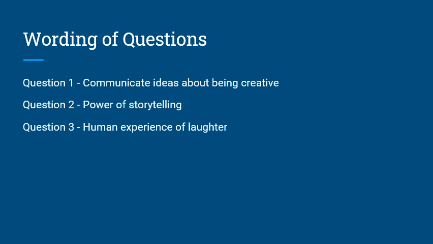Straight away we see human experience there. This is a common module called Texts and Human Experiences, and of course laughter. That's a human experience that we encounter hopefully every day. And then question 4 was that relationship between identity and place.